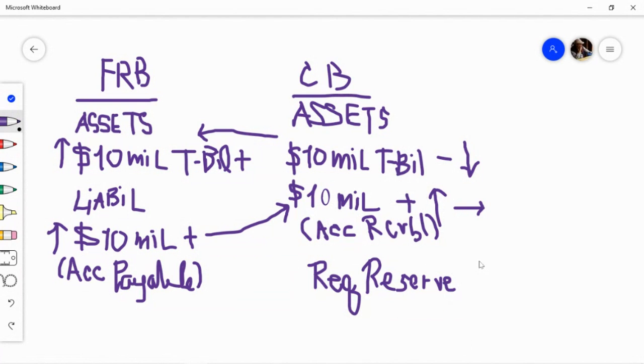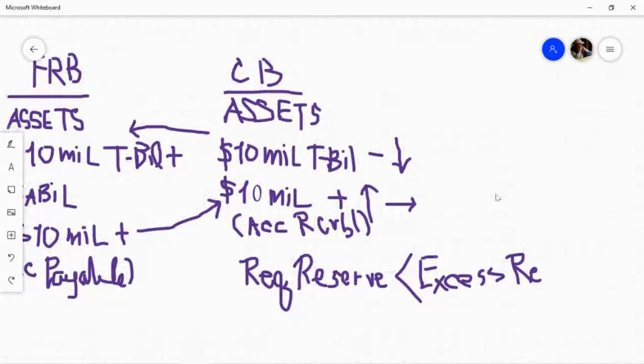So anything over and above the required reserve is called excess reserve, right? If there's any excess reserve, that means it's not earning any money.